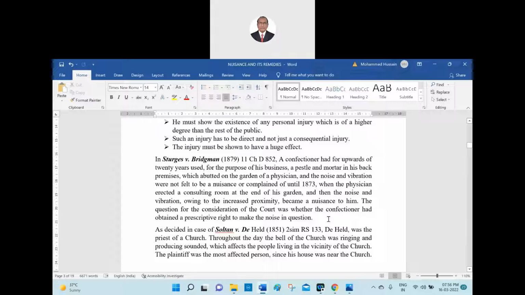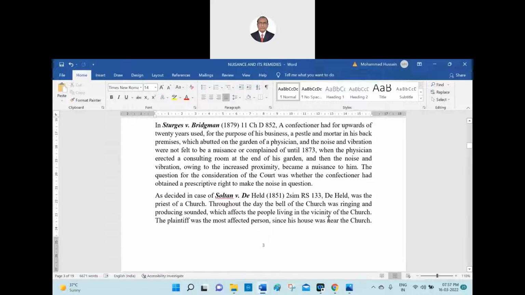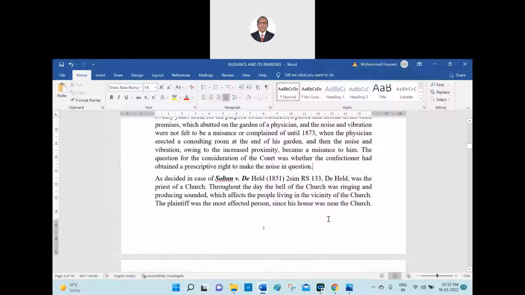So for 20 years you did not feel it as a nuisance, but when you constructed a consultancy room, from the day you or your patients felt it, from that day onwards the nuisance started. So that is Sturges versus Bridgman. You can read the entire case law in any book, that will give you a good sense.